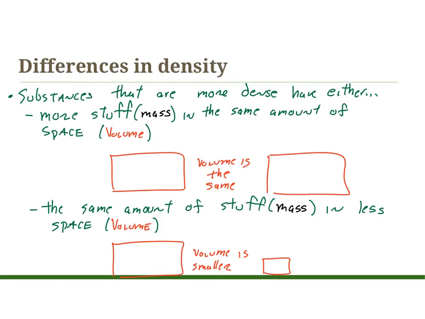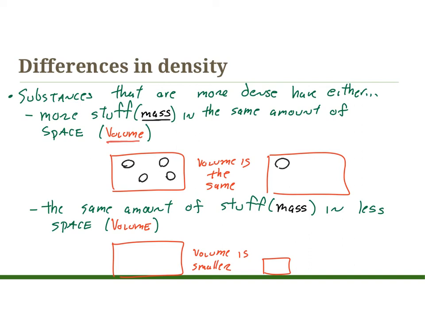Another thing to consider is how differences in density actually happen. Substances that are more dense have more stuff, which is more mass, in the same amount of volume. What that would look like is two boxes where the volume is the same, as close as I can get it, and in one box I have maybe 4 particles of that substance.